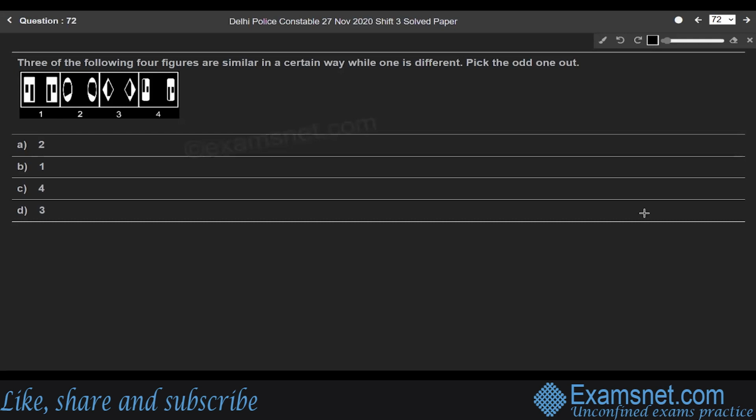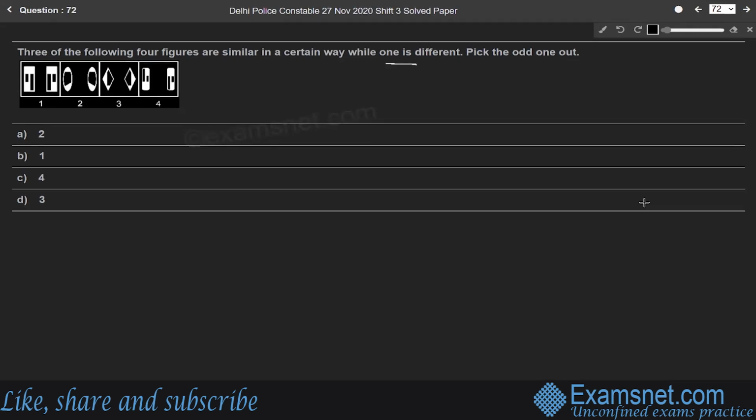Question 72. Three of the following four figures are similar in a certain way, while one is different. Pick the odd one out. So in the given four-figure series, in the first, second and third figures, the pair of images are mirror images of each other.